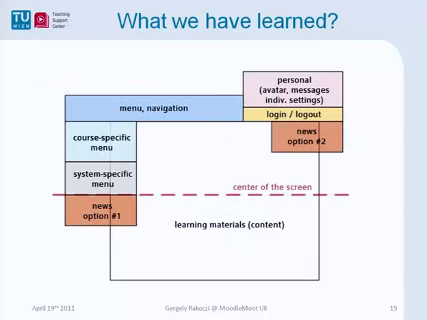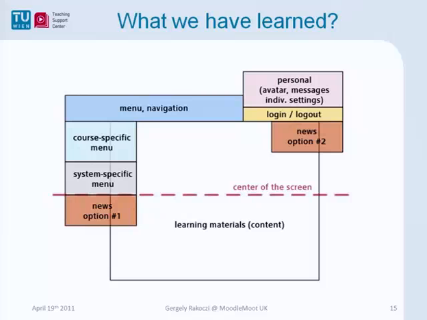Also, what is in the handout that I gave to you, where students look, if we investigate all the eye tracking data, we can specify these elements. So if students are looking for navigation elements, they immediately look at the left top side. If they are looking for course-specific menus, they look at the left-hand side, but more on the top area.